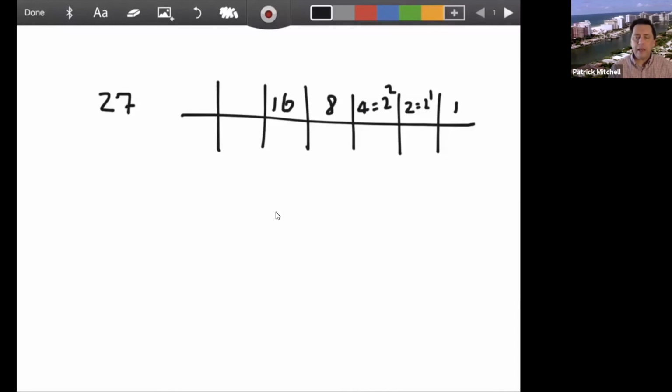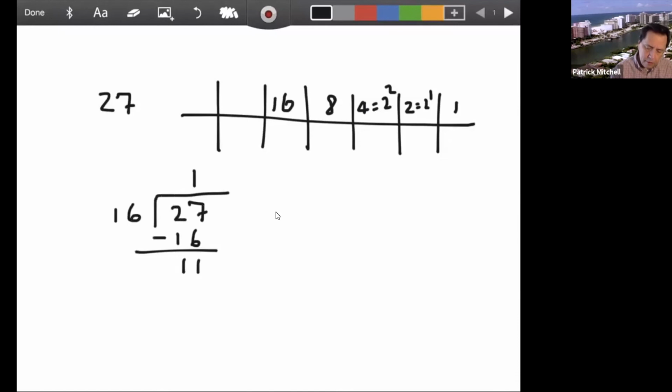So the first thing I need to know is how many 16s are there in 27? And so that's just a long division problem. 16 into 27 goes 1 time and leaves 11. So this 1 is going to go here. And now I need to ask how many times does 8, the next place value, go into 11?